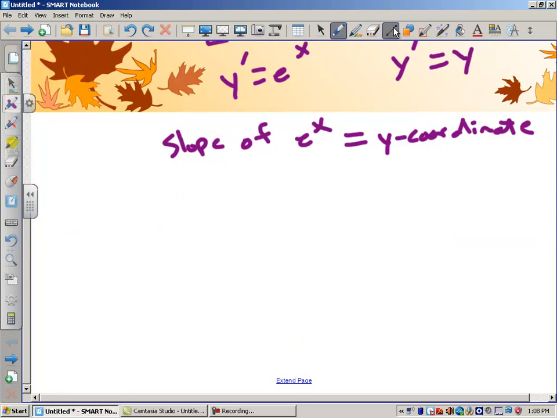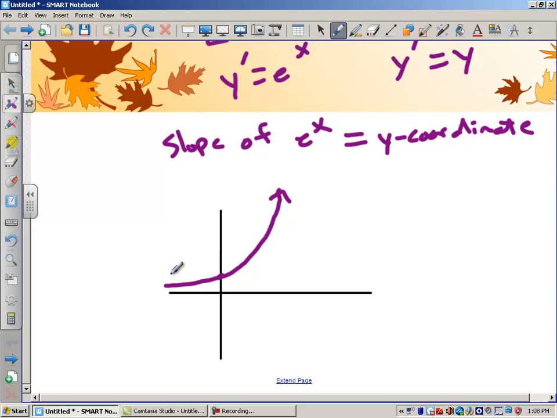Well, if I were to take the graph of e to the x, it crosses at 0, 1, and then just goes up like this, like any exponential function. And let's say you want the slope out here at 3. The y coordinate would be equal to e to the third, because we're on e to the x. Guess what the slope is? The slope is e cubed. Y prime equals y. That's pretty neat.